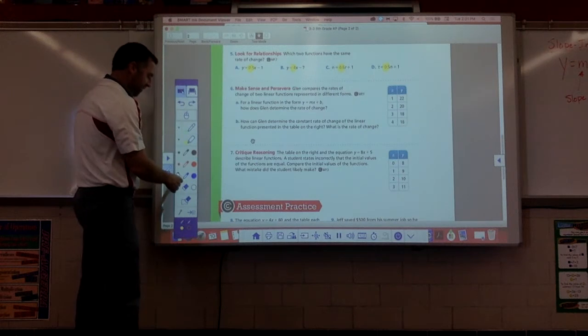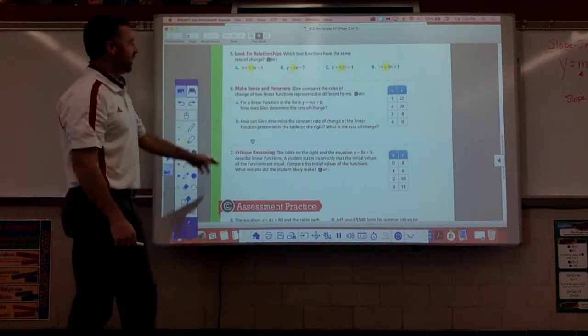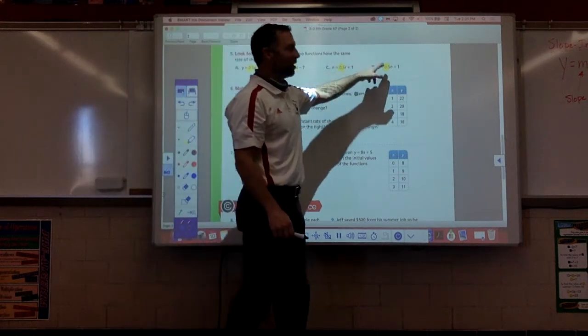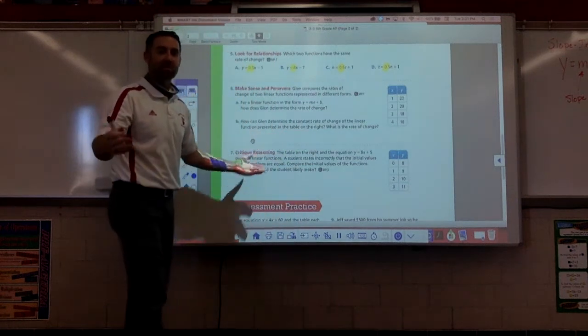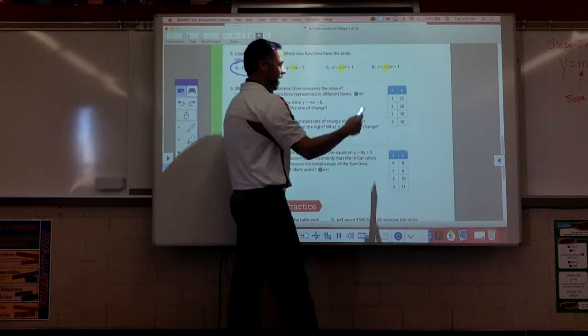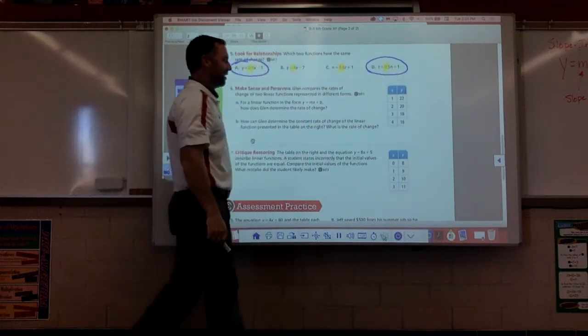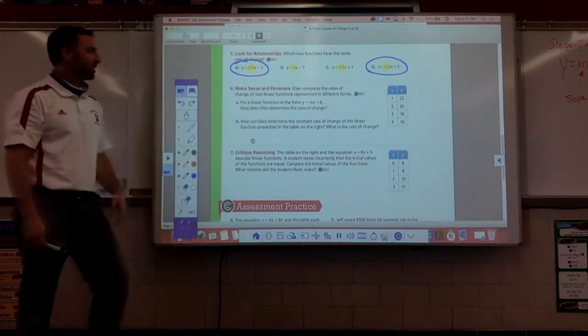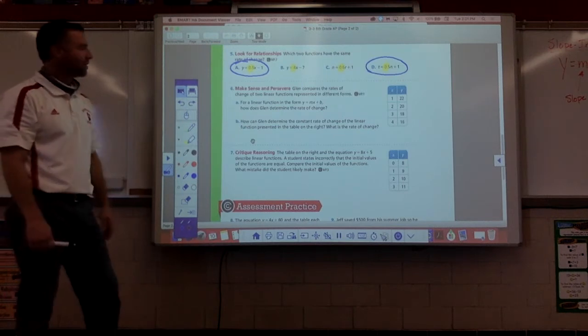Which two have the same rate of change? Again, all we're looking at is the number beside the variable. That represents our rate of change. Which two are the same? Letter A and letter D. Good stuff.